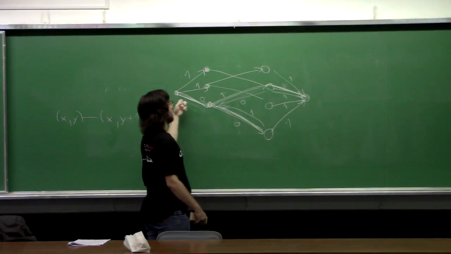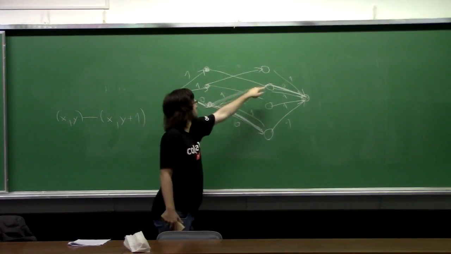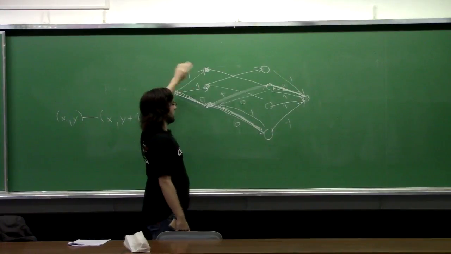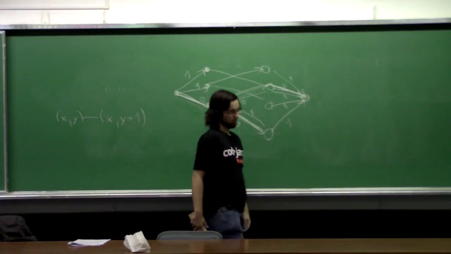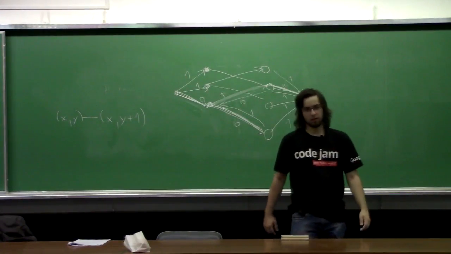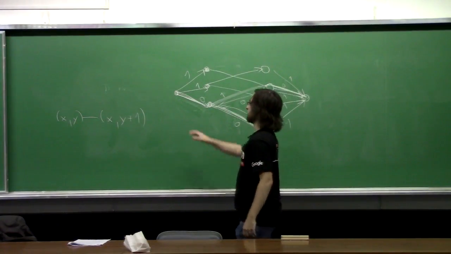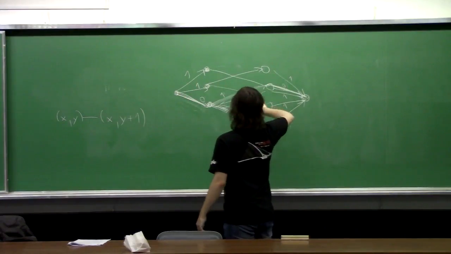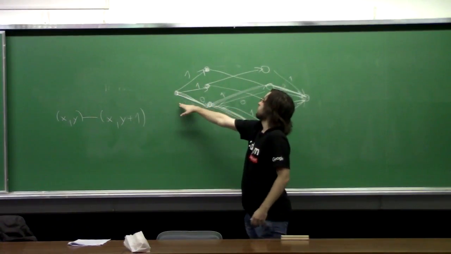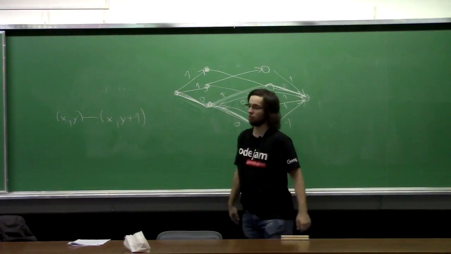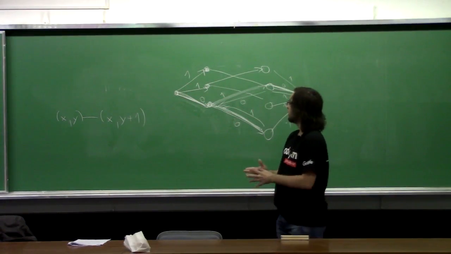That's why these edges are here. So, for example, we could use a path like this, send a flow through it, flip those capacities, and add a flow of 1. Because even though we redirected the flow, the flow we sent from the source is always increased by 1.